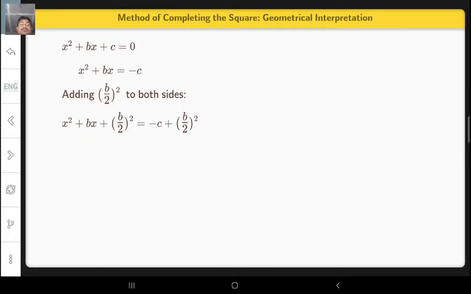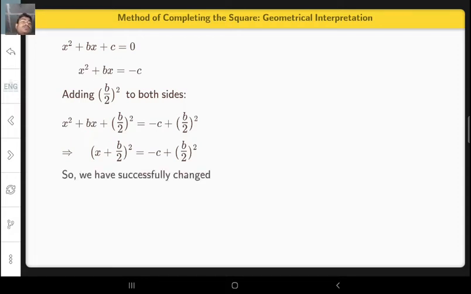Substituting x squared plus bx plus (b by 2) whole squared with (x plus b by 2) whole squared in the equation, we get (x plus b by 2) whole squared is equal to negative c plus (b by 2) whole squared.